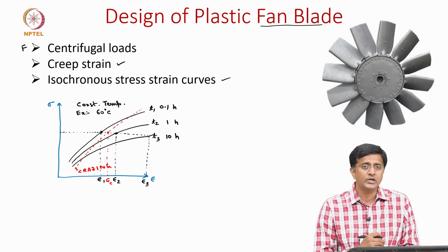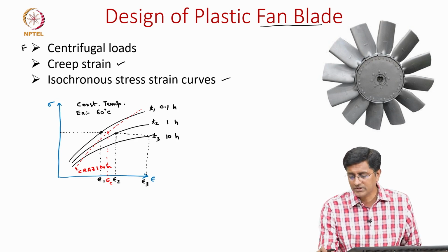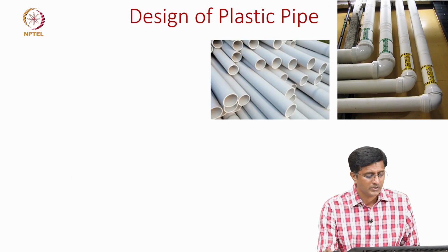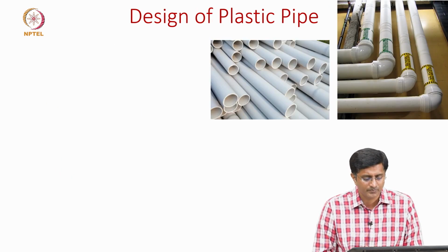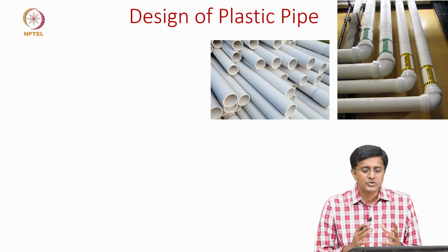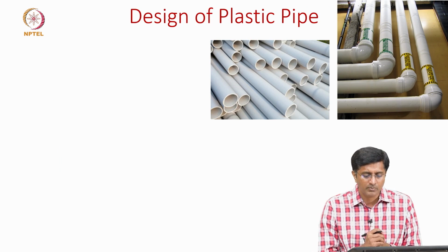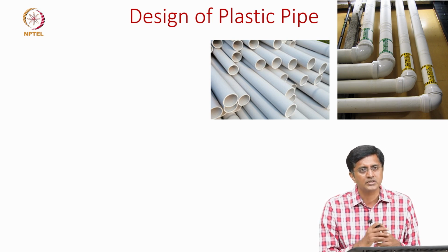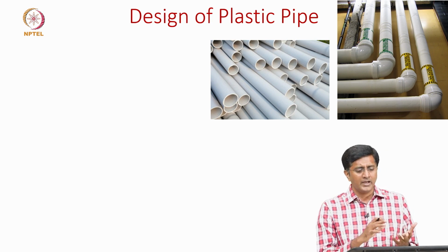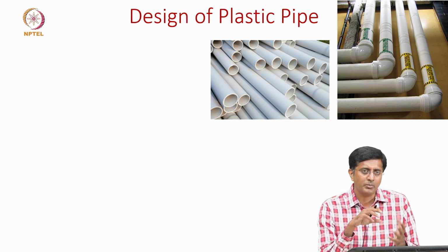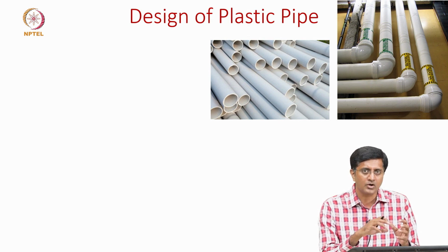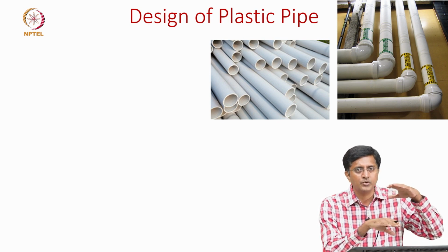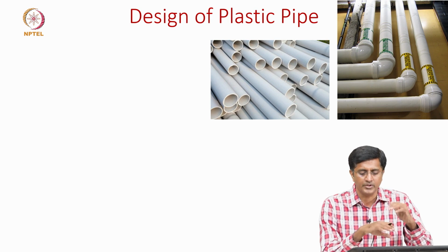So, next let us move into the second design example, which is for design of a plastic pipe. So, I think most of us have seen these plastic pipes at home, but they are also used in an industrial scale, such as to transport fluids, might be water or oil or other stuff. And usually these pipes are sometimes underground, so which means they need to bear the loads coming from the surrounding.